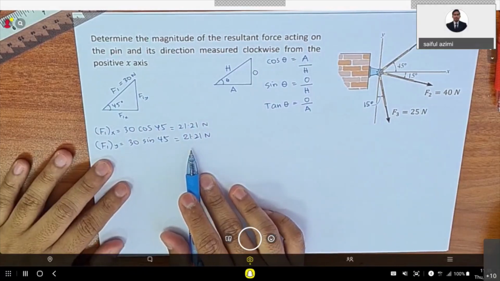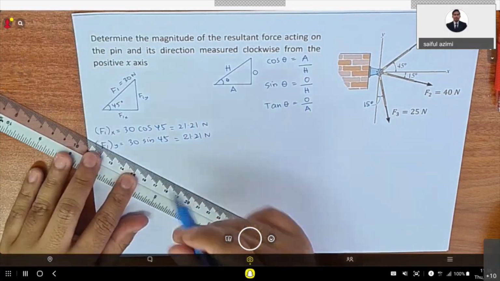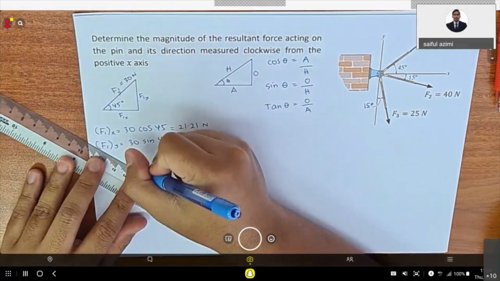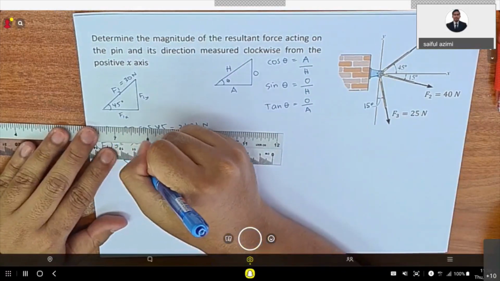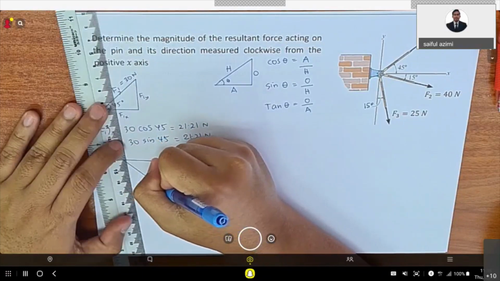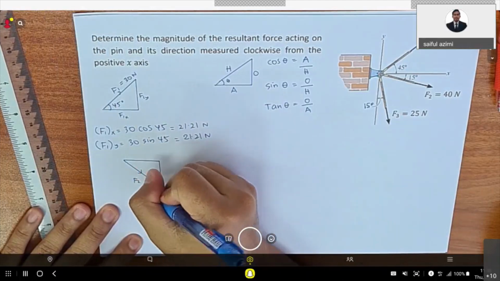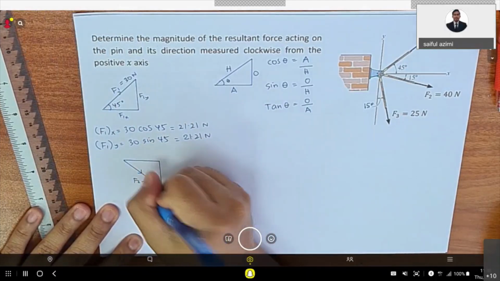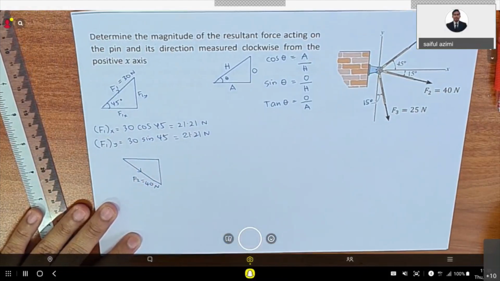All right. So next you will go to the F2. This is F2. F2 equals to 40 Newton. Right?